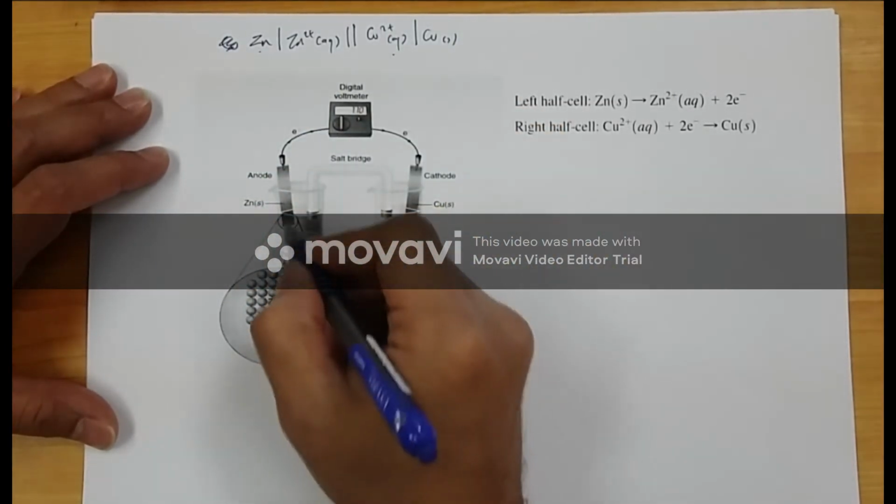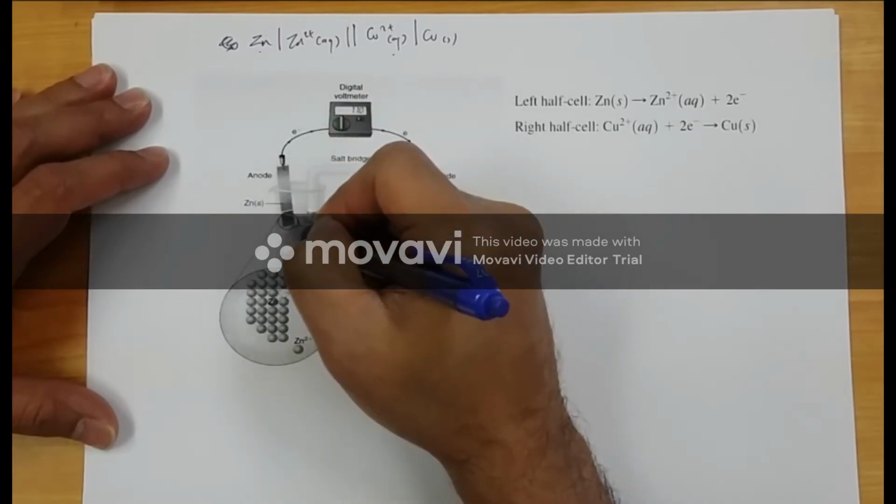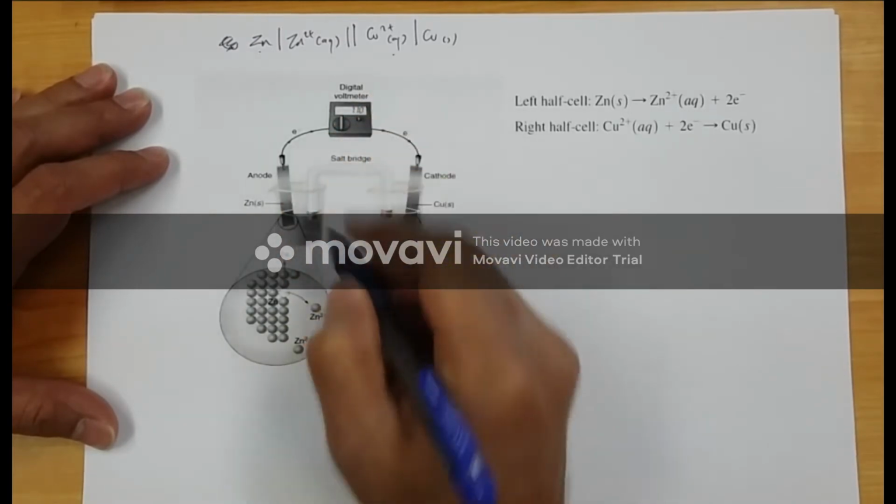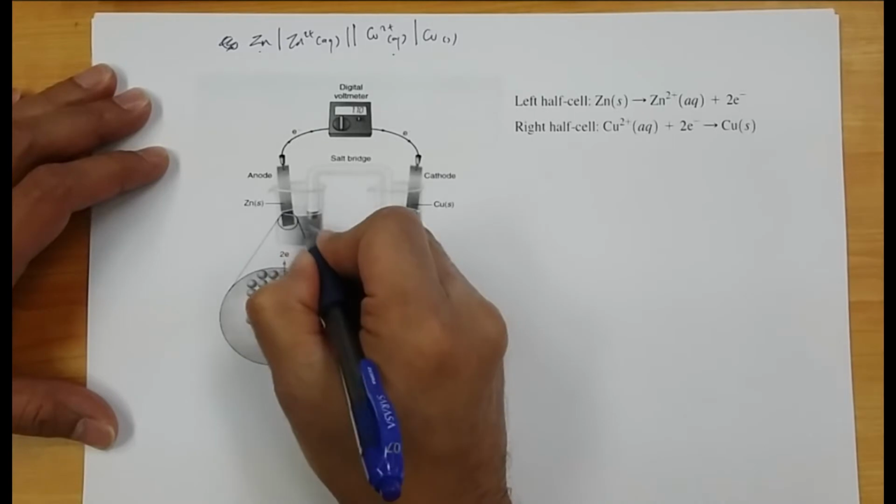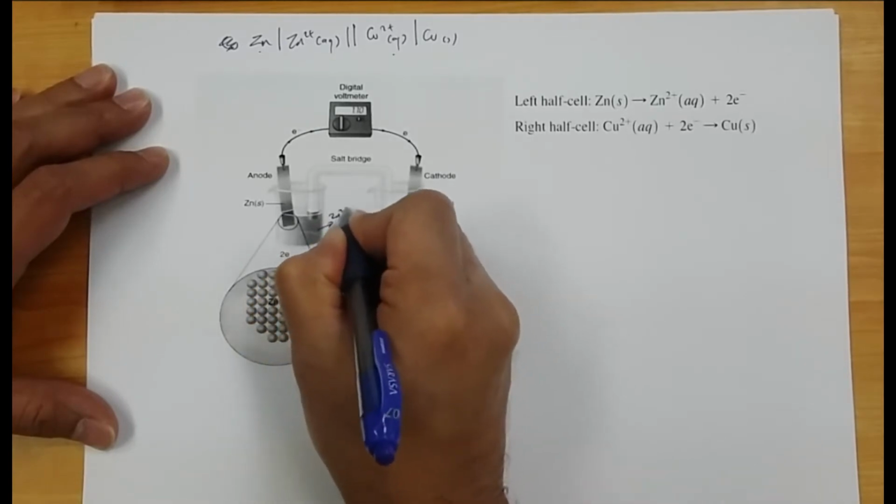If you look at the zinc, you have the zinc metal plate dipped into a zinc containing solution, right? There is some zinc 2 plus here.